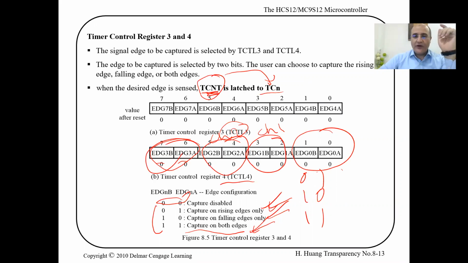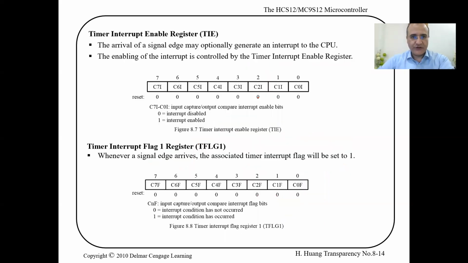Now, when any of these happen, a rising edge, a falling edge, or both, meaning a capture happens, the TCNT counter is copied, latched to the respective data register. You can configure a timer interrupt to interrupt your normal program execution. We have 8 channels, so we have 8 interrupts.